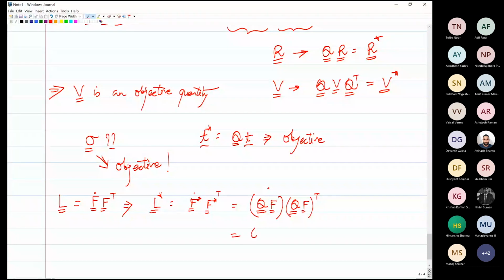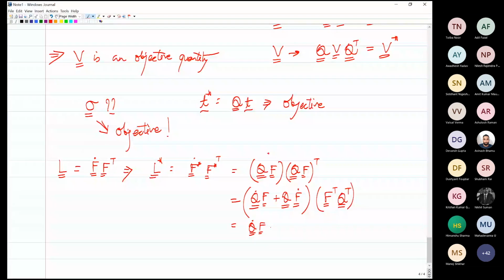So QF dot is Q dot F plus QF dot, okay, multiplied with F inverse Q inverse.